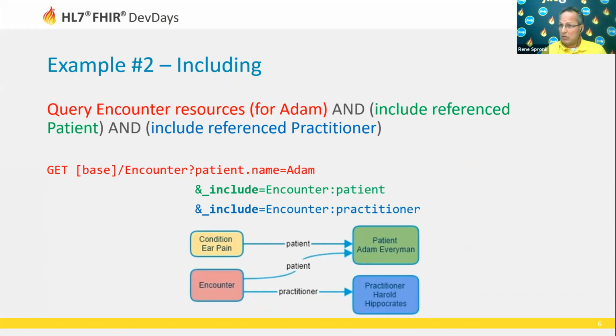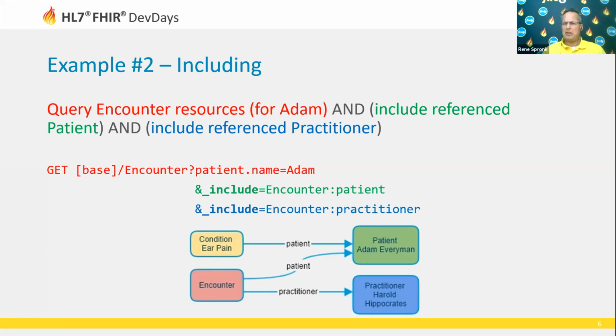So in this case, example number 2 is an example again based on the inclusion of non-focal resources in my response bundle. Query encounter resources for Adam and include the referenced patient. So the patient has to be in the response bundle, and include the referenced practitioner.